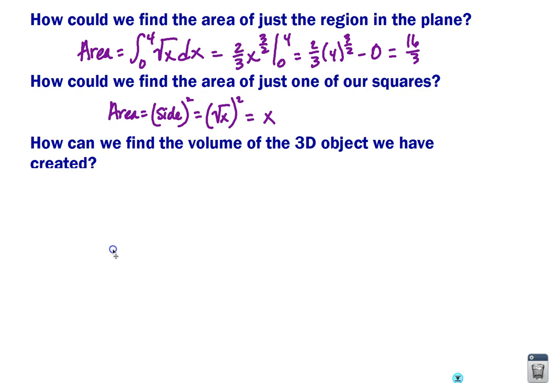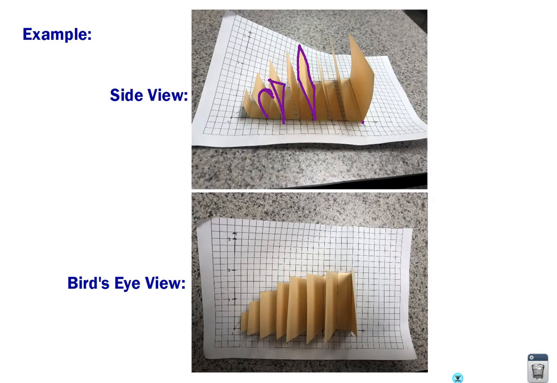So then how could we find the volume of the 3D object that we ourselves created? Let's say we take each square that we've created, and our squares are flat, like they're pretty thin. But let's imagine that I could fill in all of the area, like I could take this square right here and fill in all of the area up to the point before that with this square.